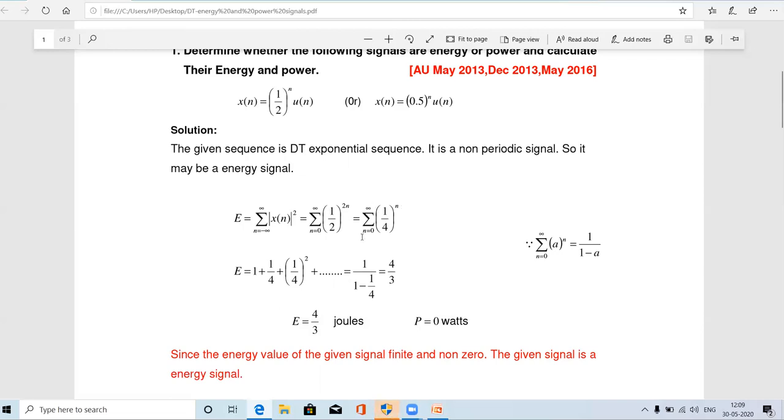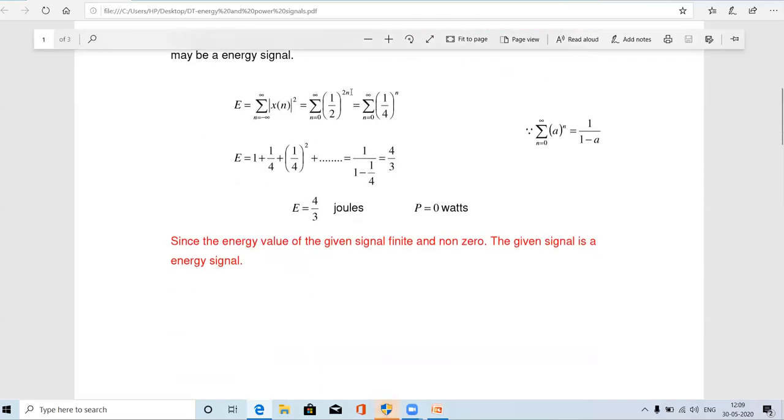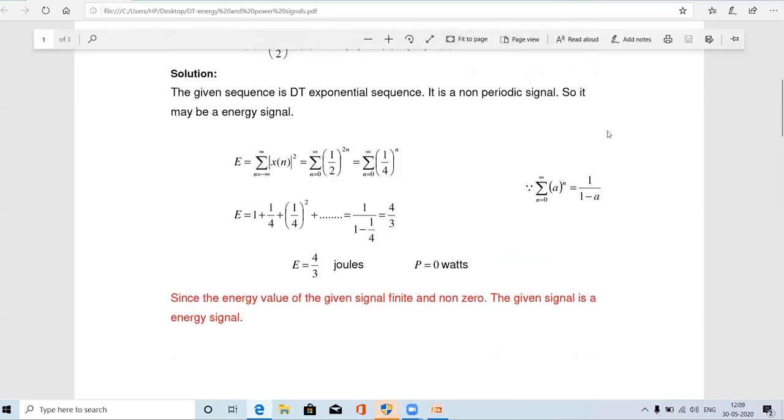But what is the answer for this summation? It is the standard answer in a geometric series, you know. The summation n equal to 0 to infinity of some constant a to the power n, the answer for this summation is 1 divided by 1 minus a.